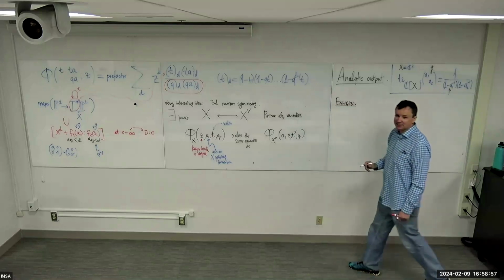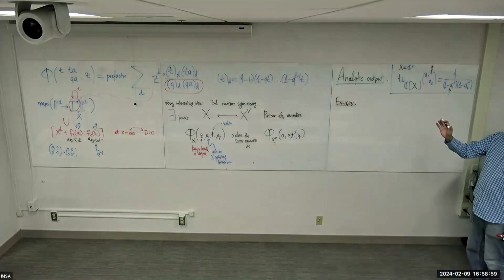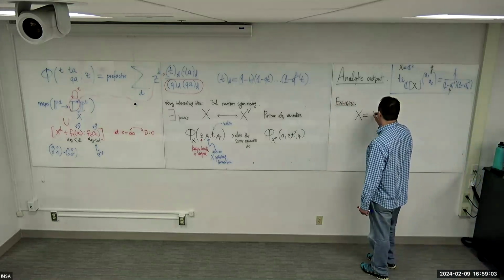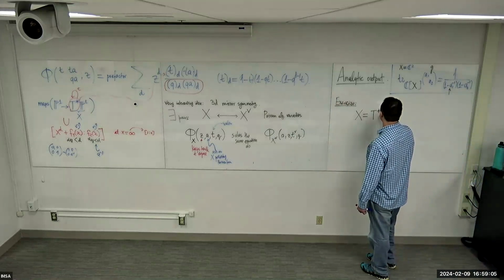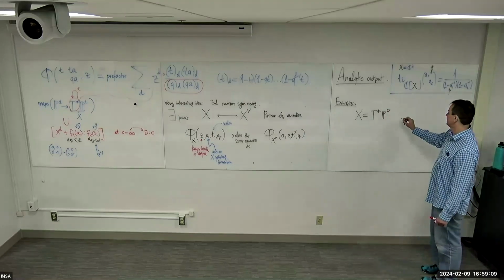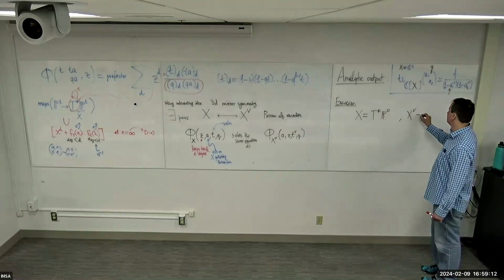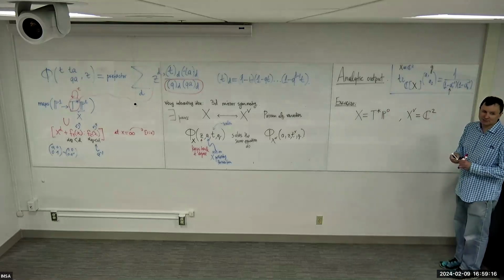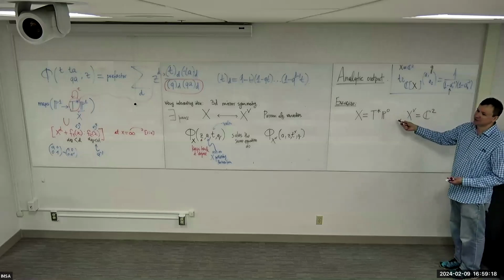Check the simplest instance of that, when x is T star P0 and x check is just C2. And what is T star P0?